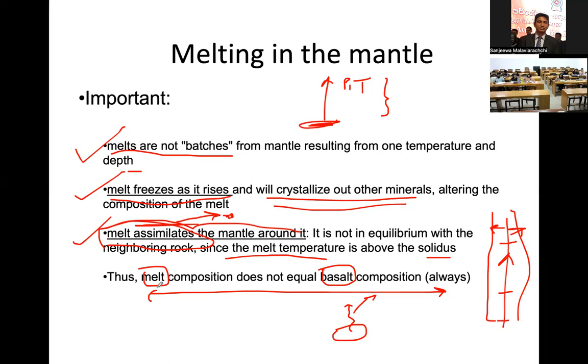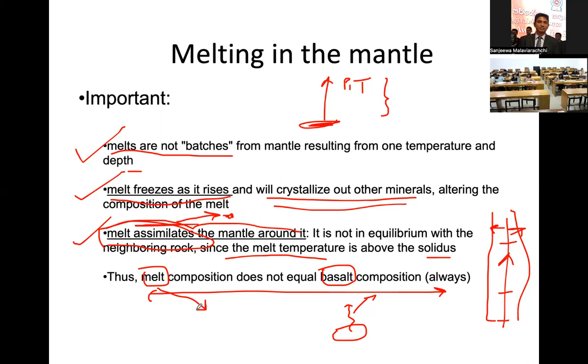But in most cases, apart from mid-ocean ridge settings, all other melts formed, maybe originally they are basalt, but later on, because of the above discussed geochemical changes, the affected processes, this melt will not be a basaltic composition, right?